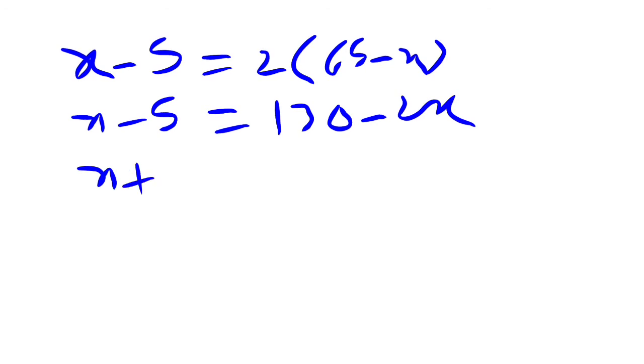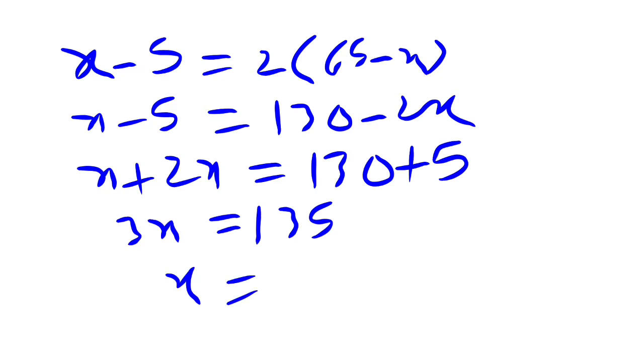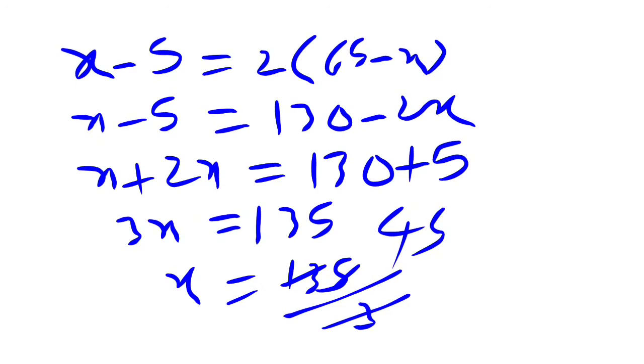Write variables on one side and constants on the other side. So 3x equals 135. So x equals 135 divided by 3. 3 4s are 12, 3 5s are 15. So x equals 45.